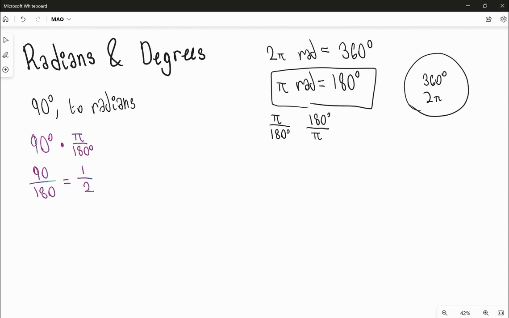So you have 1/2 times pi. So you have pi on top. So 1/2 times pi is pi over 2. So your answer here is pi over 2. So pi over 2 radians, no unit symbol, is equal to 90 degrees.